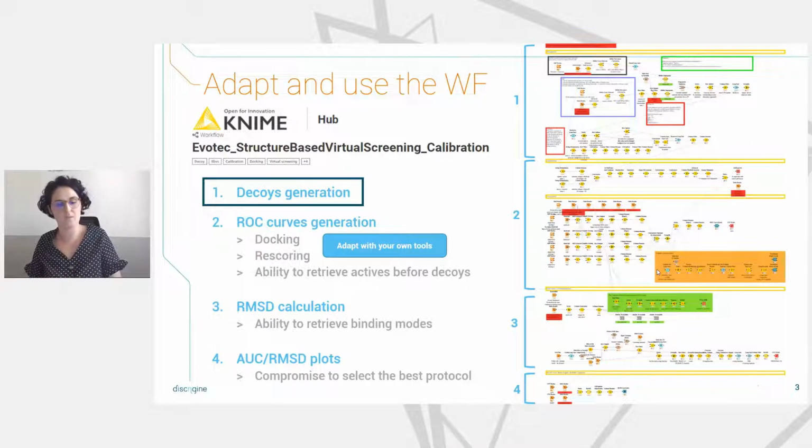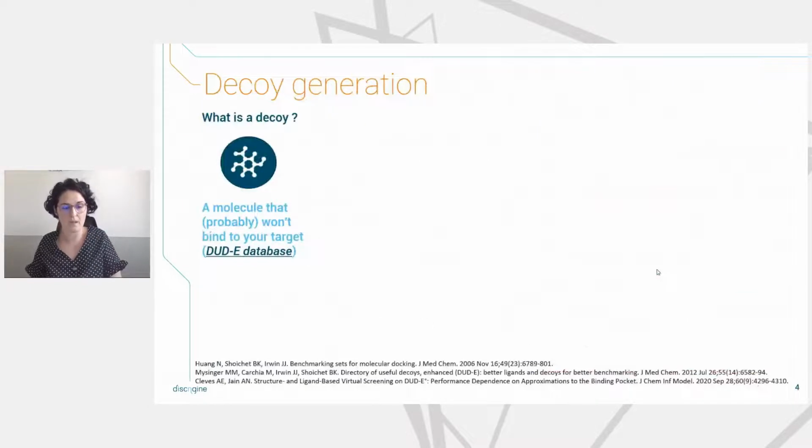But before moving to that, I want to mention some general information and best practices to generate decoys and ROC curves. I will begin with some highlights about decoy generation. So what is a decoy? Classically, it's a molecule that won't bind to your target.